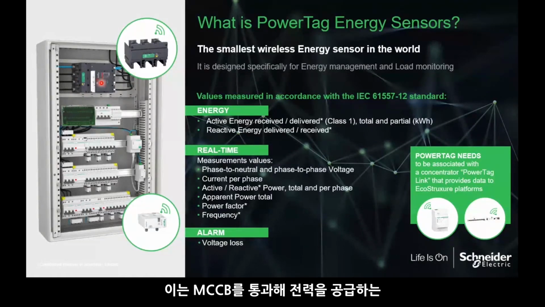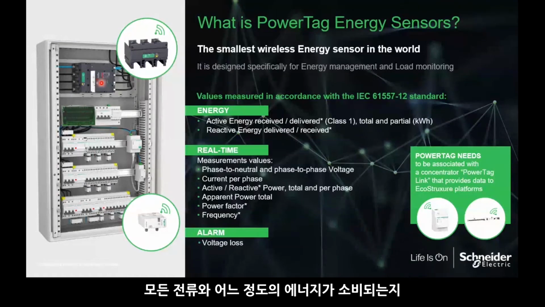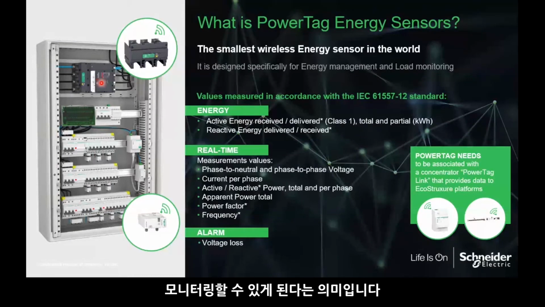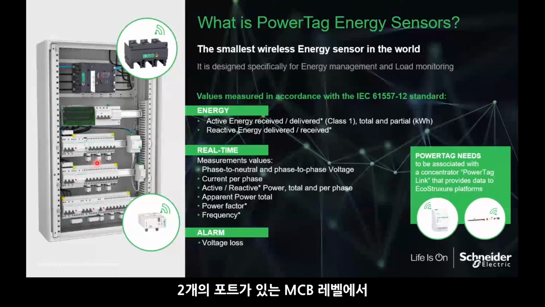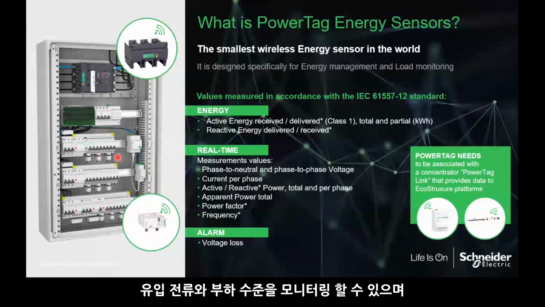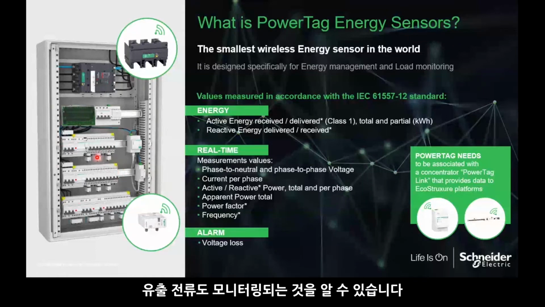Then we can do metering, meaning that any power that drives through the MCCB will be monitored for how much energy is consumed. At the same time, at the final distribution, especially at MCB level, whether single pole, three pole, or double pole, you can also put it at this level, monitoring the incoming as well as the load level, where we are monitoring the outgoing.